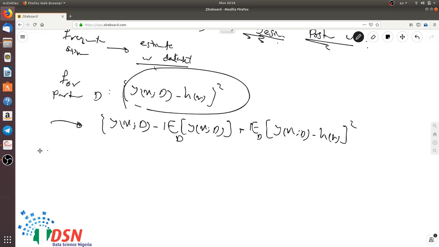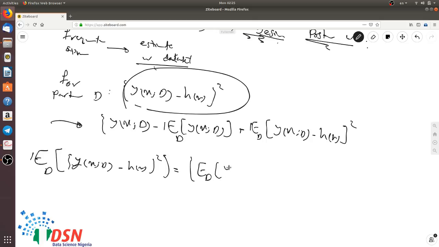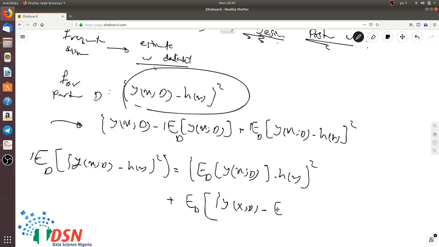So we have the expected value over D of y of x and D, for a specific data set, minus h of x, squared, is equal to the expected value of y, the expected value over all data sets, minus h of x, squared, plus the expected value over all data sets of y of x, D minus the expected value of y of x and D, squared.